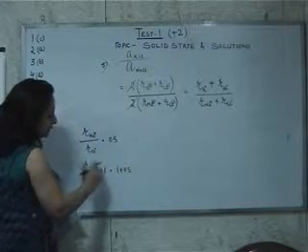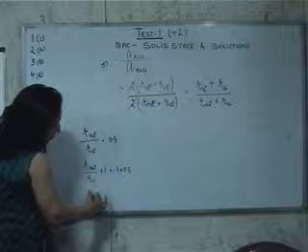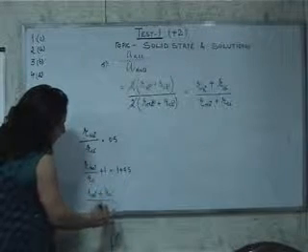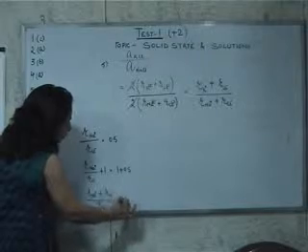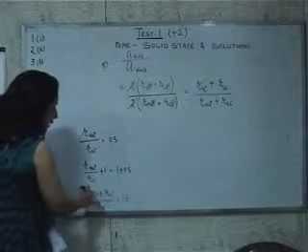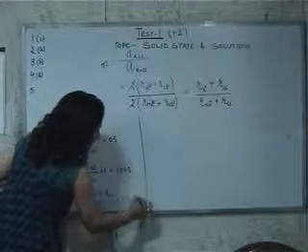You will get radius of sodium plus radius of chloride divided by radius of chloride is equal to 1.5. This value we have achieved. Now this is our first equation. Let's keep it 1.